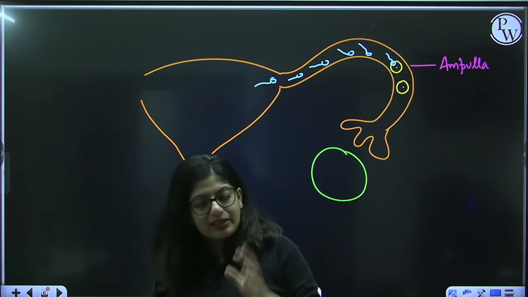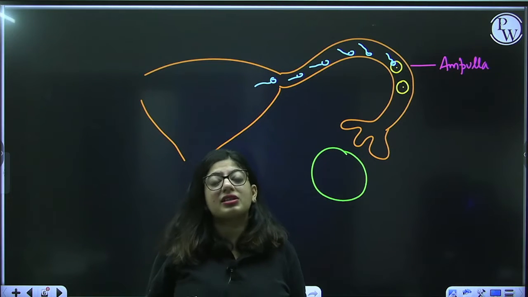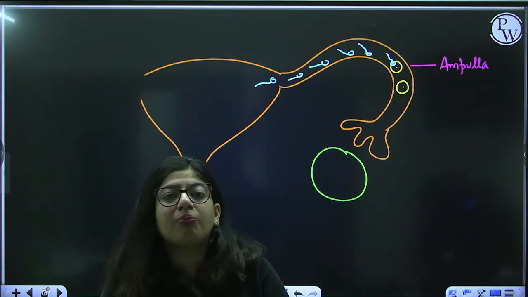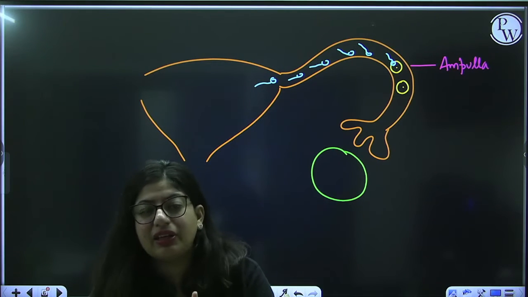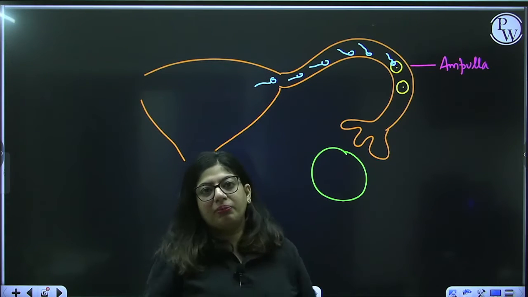So we say that yes, the site of fertilization is the ampulla, but fertilization will only be successful if both sperm and oocyte reach the ampulla simultaneously. Simultaneously means both at the same time, at the same place they will be reaching, right?